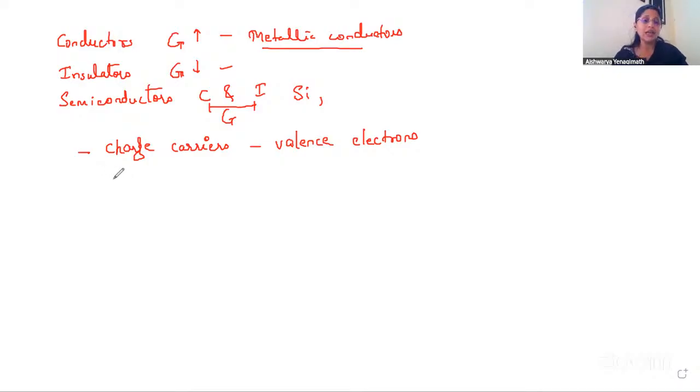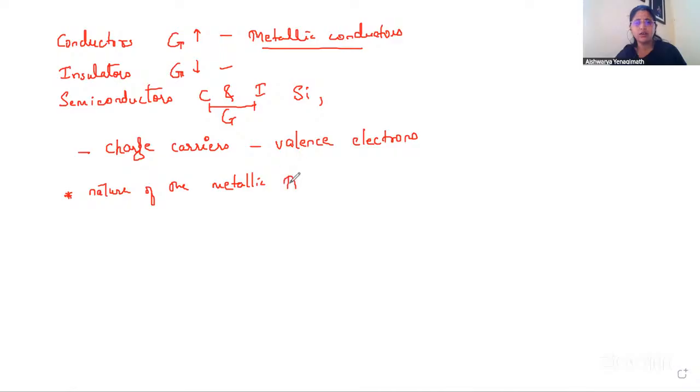So on what basis does metallic conductance depend? What are the factors for metallic conductance to be very good? First, it depends on the nature of the metal. As metallic nature increases, conductivity will be more; as metallic nature decreases, conductivity will be quite less. So it depends on what type of metal you have taken. Do you know which is the best conductor of electricity?